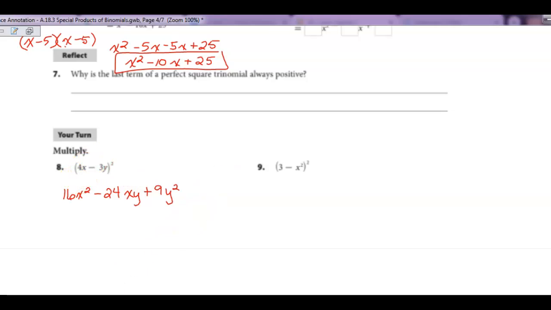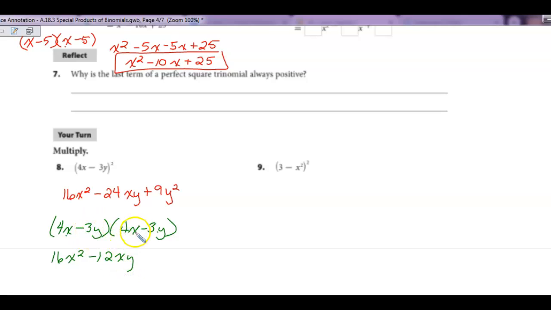You want to see it done with the two side by side. 4x minus 3y times 4x minus 3y. I get 4x times 4x is 16x squared. 4x times negative 3y is negative 12xy.